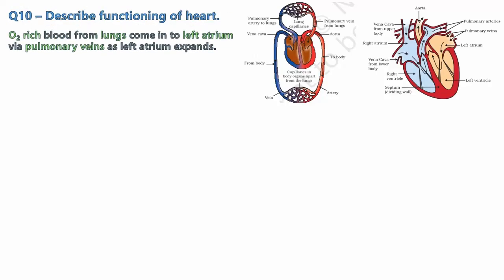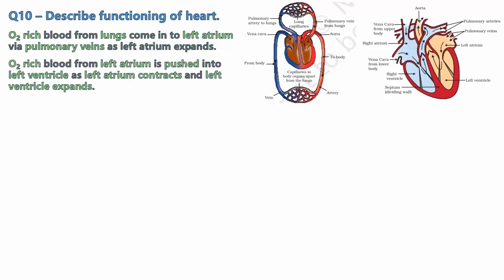Okay, so now we'll read out the text. O2 rich blood from the lungs comes into the left atrium via pulmonary veins as the left atrium expands. Okay, O2 rich blood from the left atrium is pushed into the left ventricle. Left ventricle is nothing but the left part which is at the bottom, of the 4 chambers.